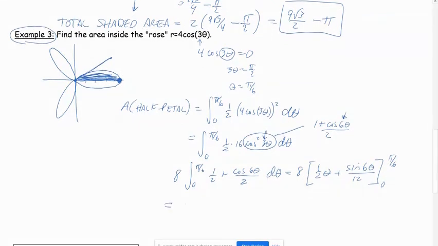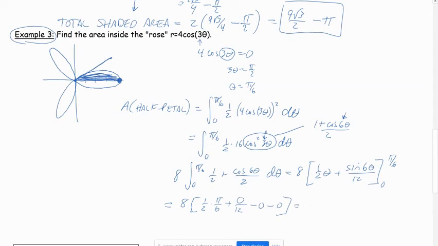And so when we distribute, we'll leave the 8 out here for now. So then we have 1/2 of pi over 6 plus sine of pi, which is 0. And then when we plug in 0, we also get 0. So minus 0 minus 0.